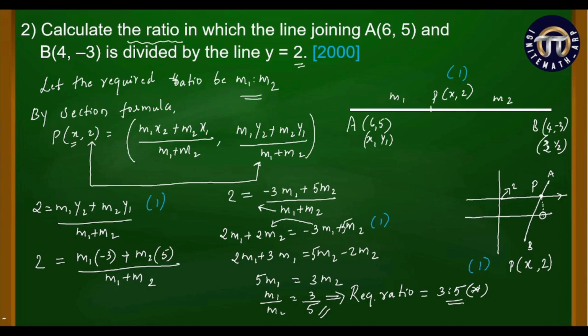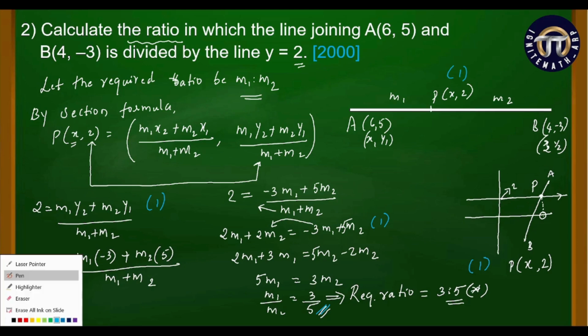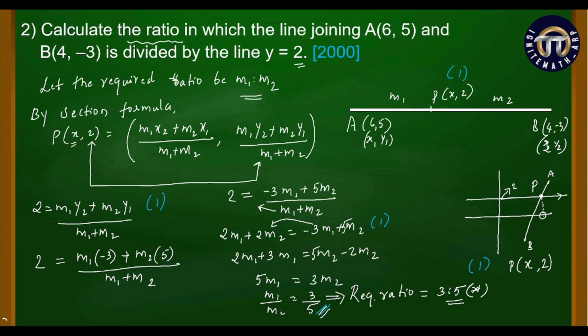If the ratio is not expressed in the ratio form, suppose you keep the final answer in the fractional form, you don't get the answer mark. Need to be very, very careful about that, children. Final answer ratio should be in the ratio form itself. Don't keep them in the fractional form.